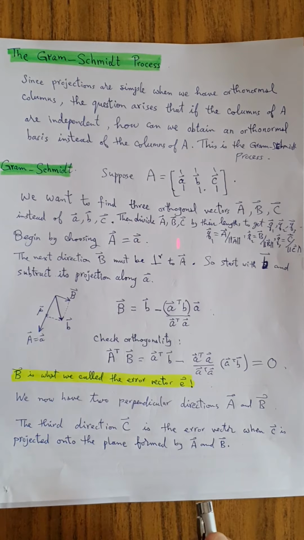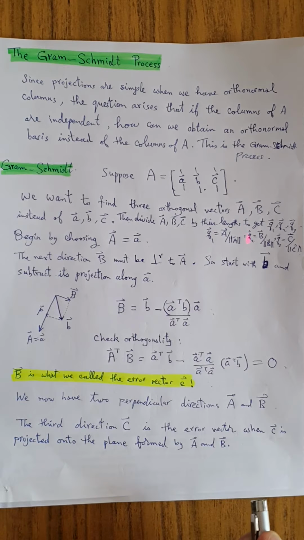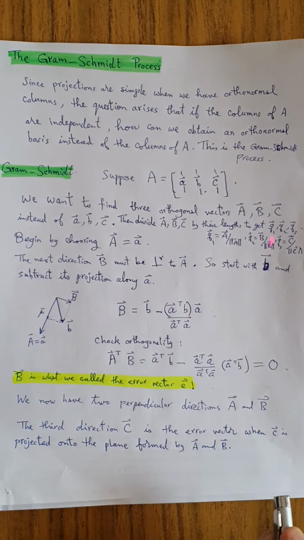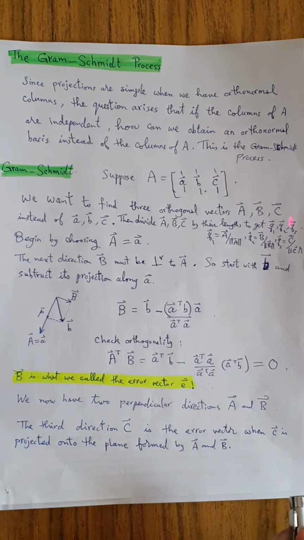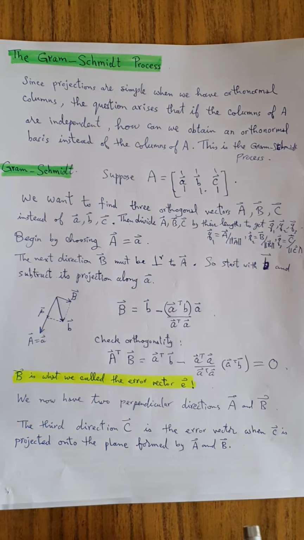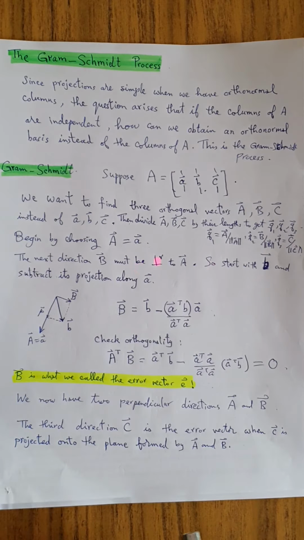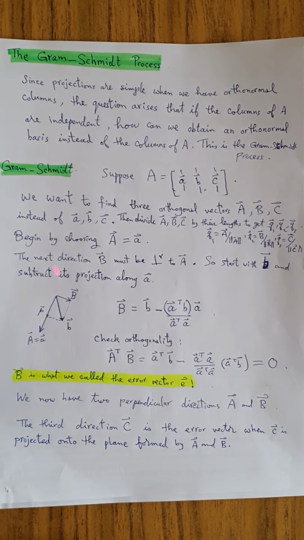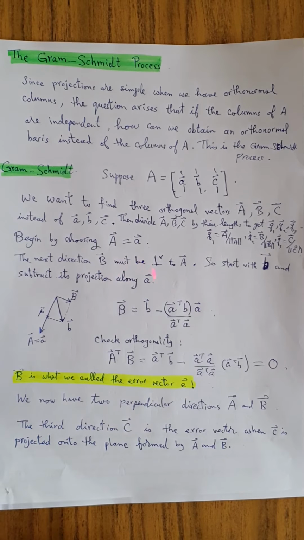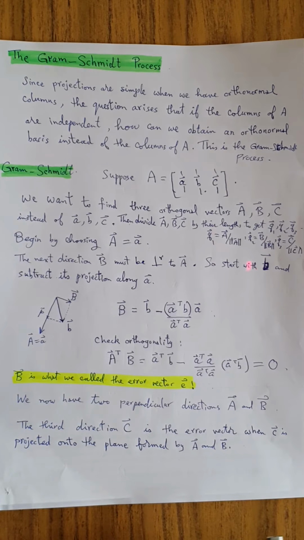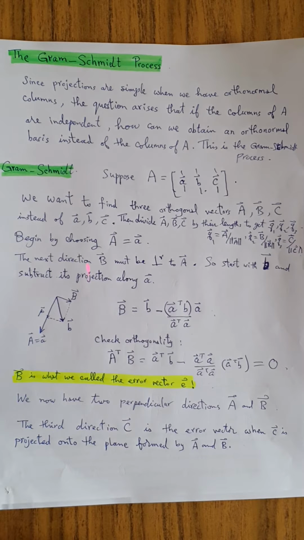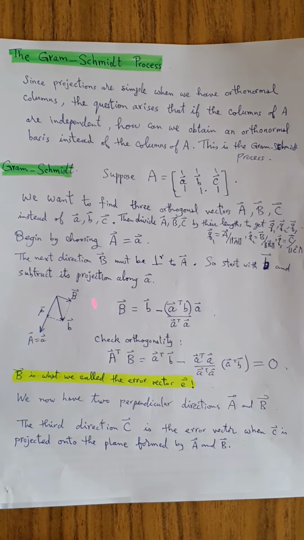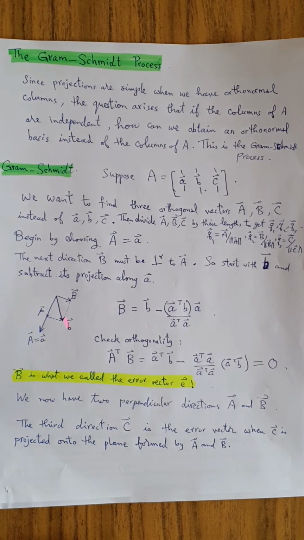Then divide A, B, C by their lengths to get the unit vectors Q1, Q2, Q3, which are orthonormal. We begin by choosing capital A equals small a. The next direction B must be perpendicular to A, so start with b and subtract its projection along A, as you see in this figure.